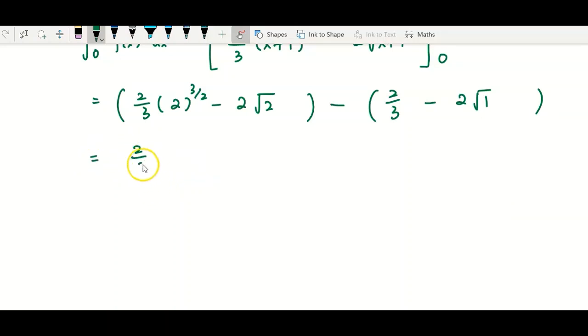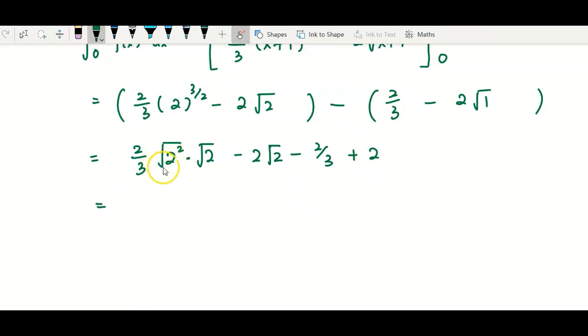We have 2 over 3, 2 power of 3 over 2, which is 2 multiplied by square root of 2, minus 2 square root of 2, minus 2 over 3 plus negative multiplied by negative, you got positive 2.